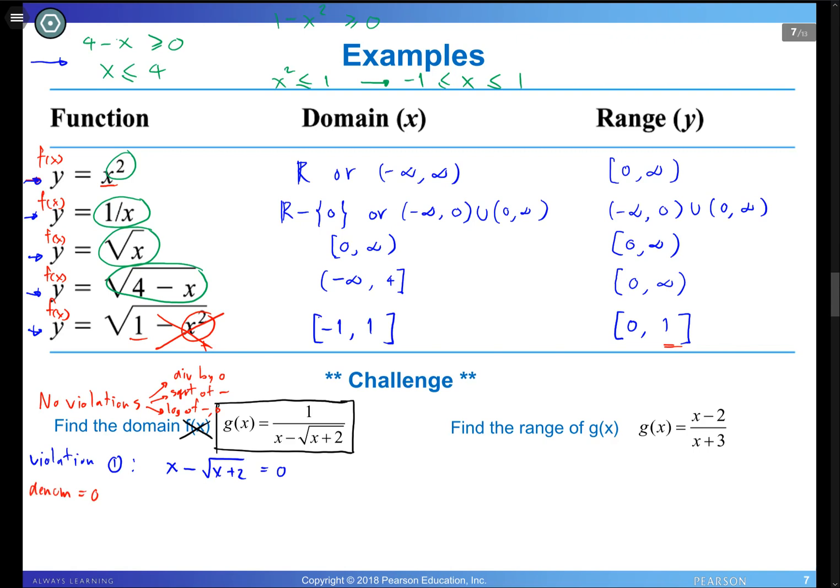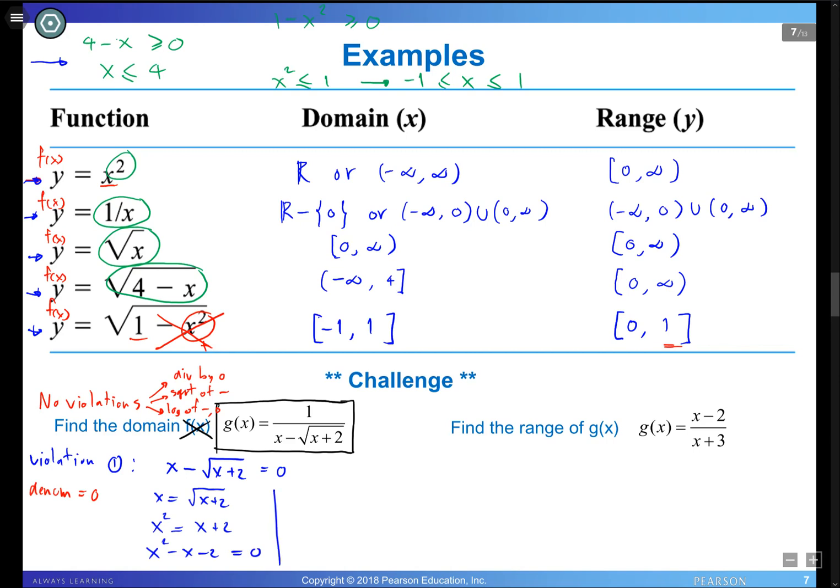So let's move things around. This becomes x equal to the square root of x plus 2, and we are going to square both sides. This becomes x squared equal to x plus 2, so we have x squared minus x minus 2 equal to 0.